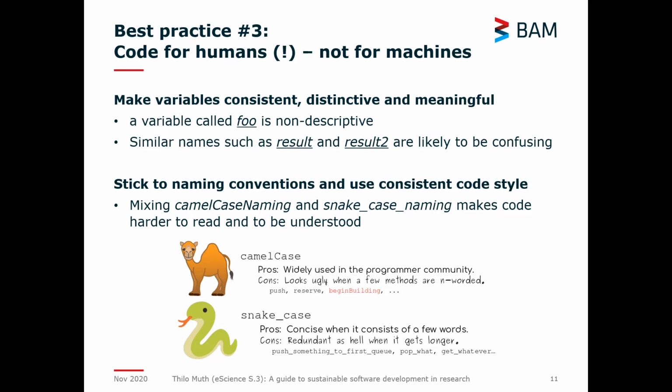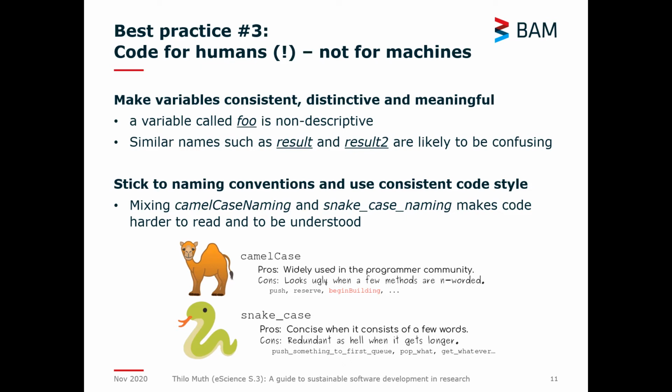That's the first one here. A variable called foo is often written in tutorials and books and so on, but it is not descriptive. Not at all. Don't use that. Also similar names like result, result2 and result3 and so on are very confusing. Try to give them descriptive and consistent names.